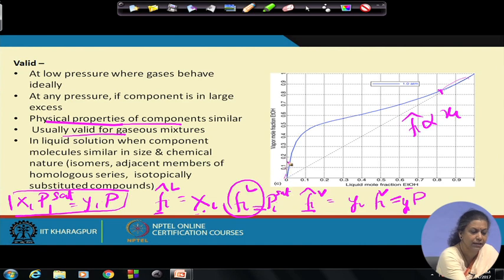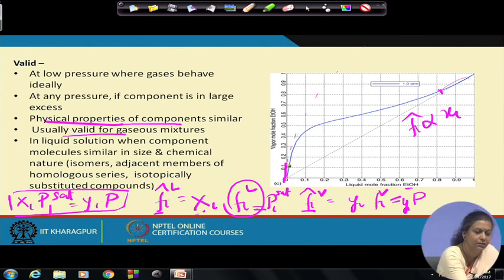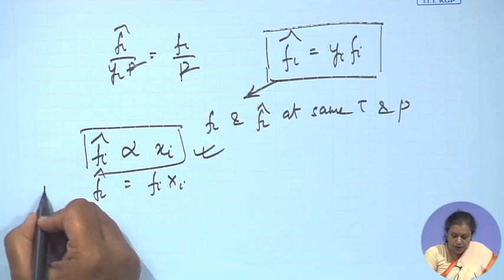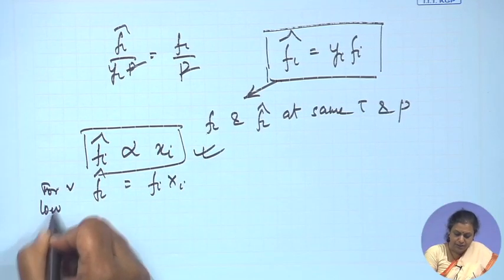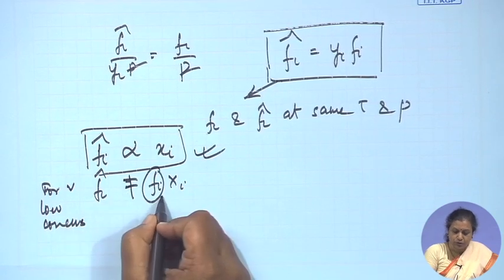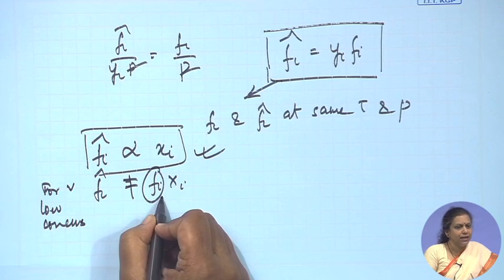But if you slightly extrapolate this, you will find that at very low concentration, when the concentration is almost equal to 0, the linearity also holds, or in other words this equation holds in that case. But for very low concentrations, the proportionality constant is not equal to the pure component fugacity at the temperature and pressure of the mixture.